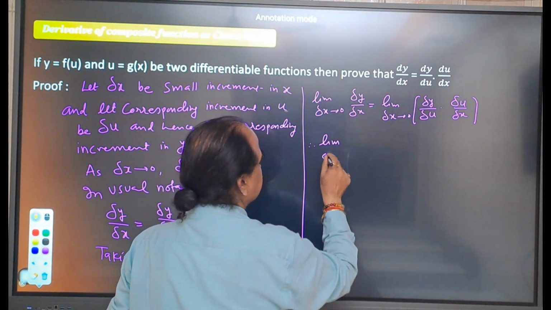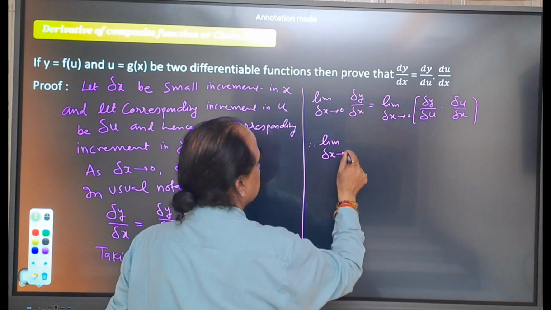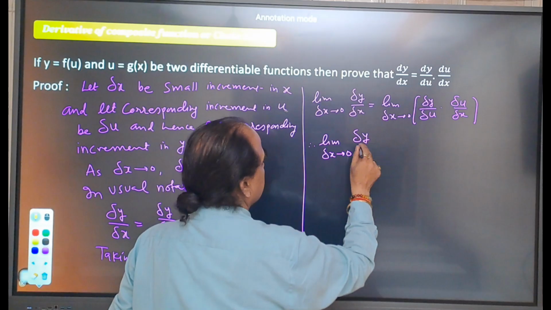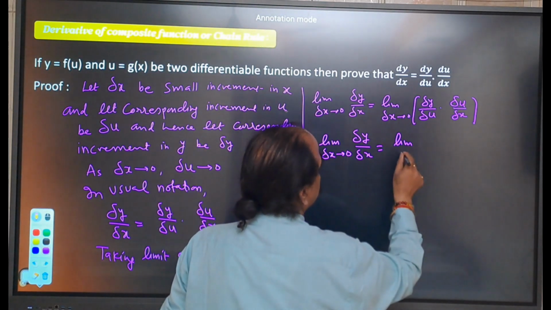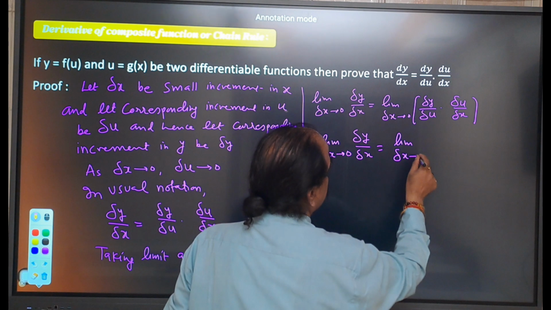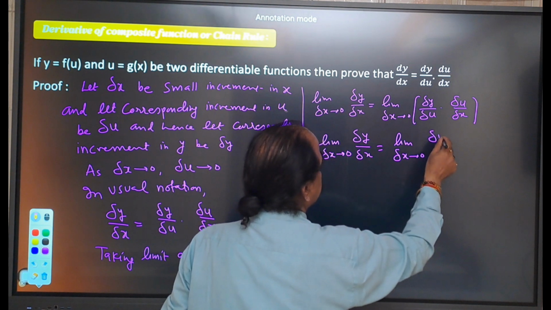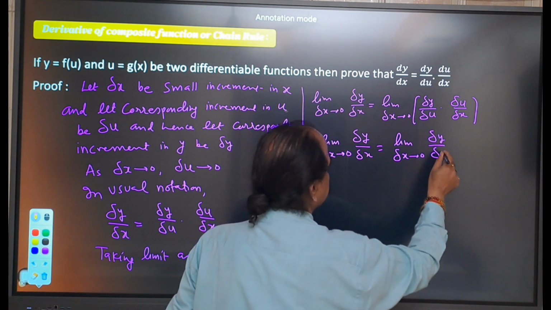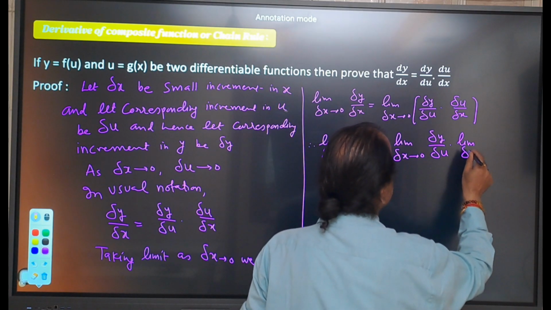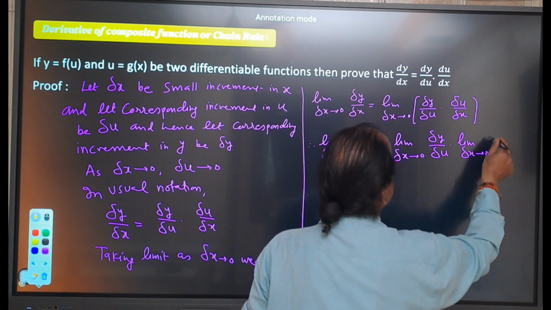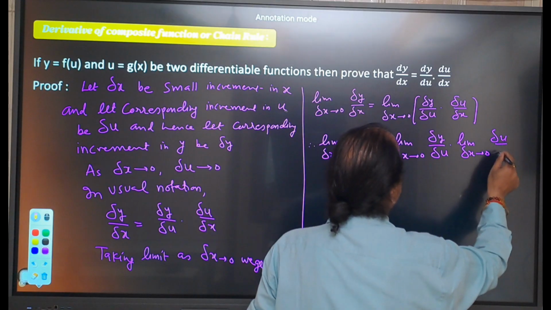Limit delta x tends to 0, delta y by delta x is equal to limit delta x tends to 0, delta y by delta u into limit delta u by delta x.